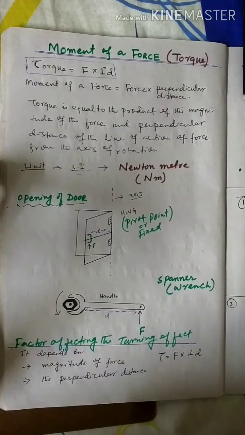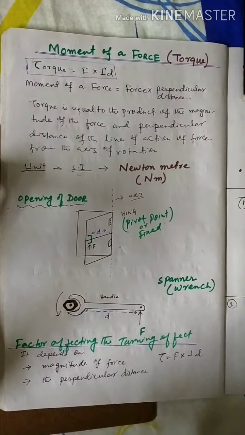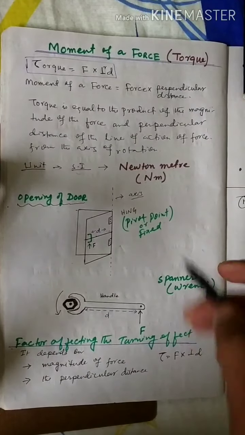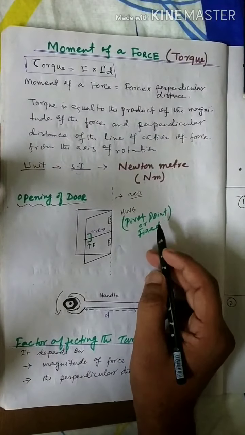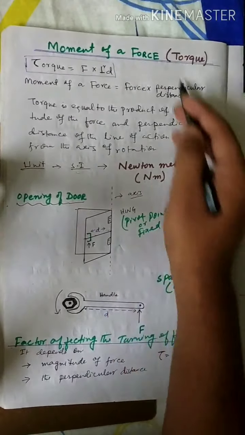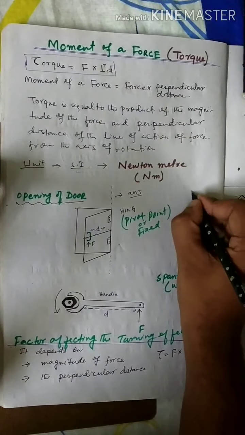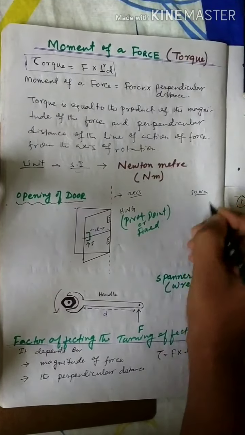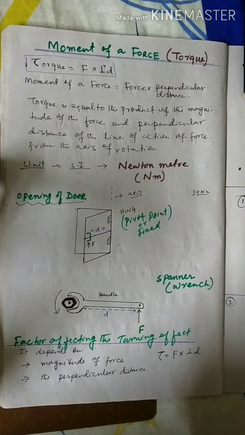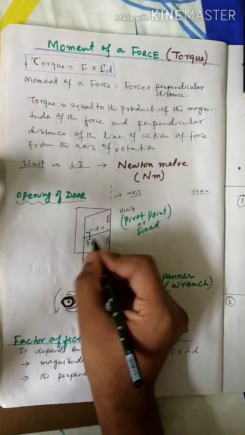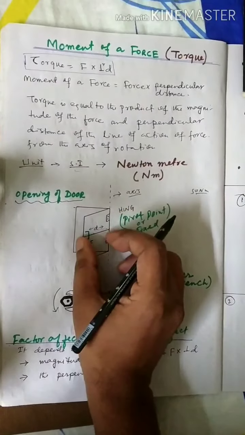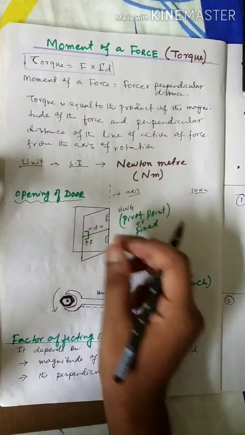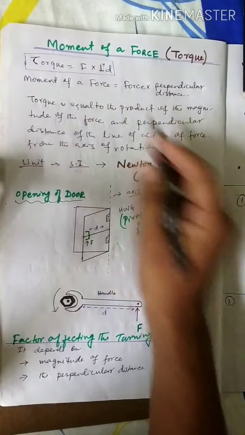So if we calculate the torque or moment of force, for example, we need 50 Newton meter to open this door. If the distance is 10 meter, then we need only 5 Newton.